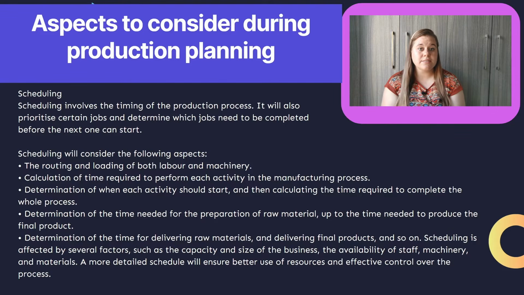Now we're looking at scheduling. Scheduling involves the timing of the production process. It will also prioritize certain jobs and determine which jobs need to be completed before the next one can start. The following can be considered as aspects of scheduling. So if we're looking at the production of a car, in order for us to do the spray painting of the car, we need to have the outer shell done.